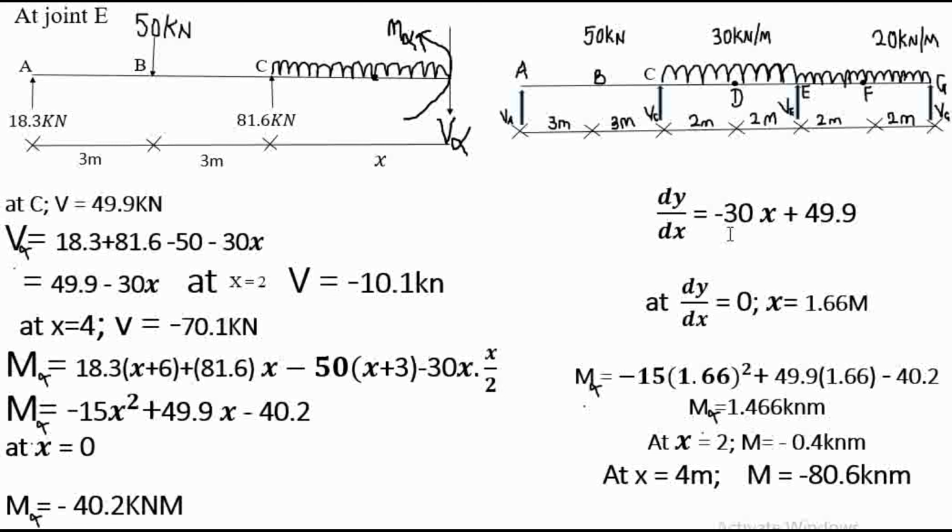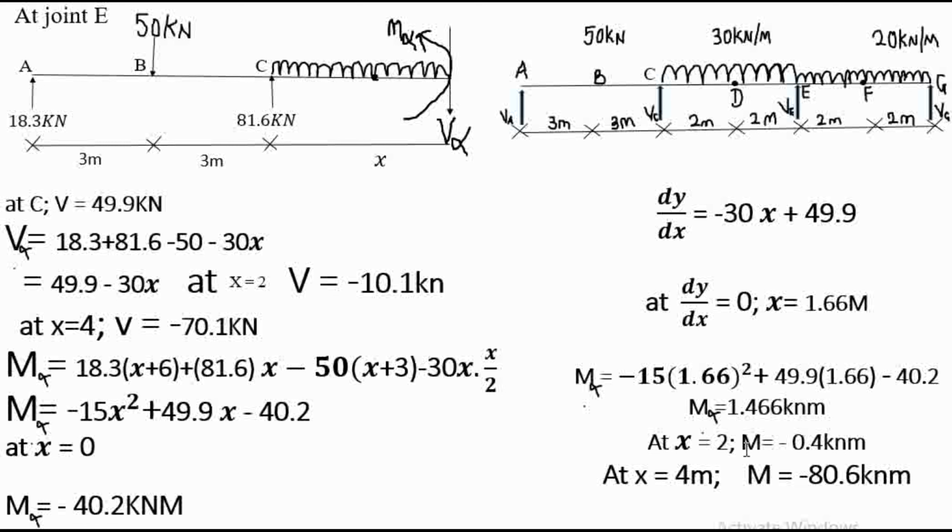At point D, we have that x is equal to 2 meter, because from this point C to point D is 2 meter. Bending moment expression there, when you substitute x to be 2, will give us minus 0.4 kilonewton meter. This value is supposed to be 0 because there is no moment at the hinge, but we're having minus 0.4 kilonewton meter because of the approximation that we have done so far.